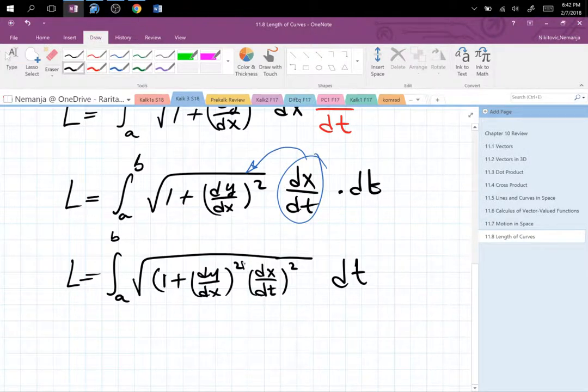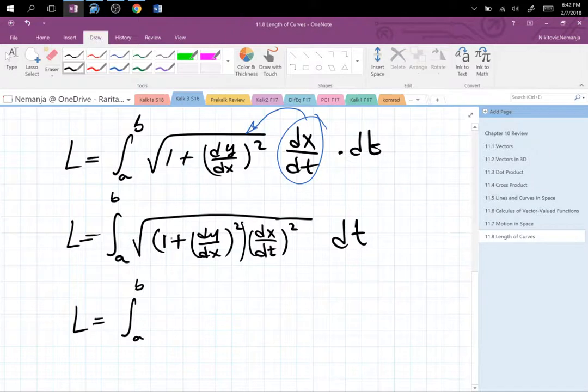And now when you distribute this dx dt squared, what you get is 1 times dx dt squared is dx dt squared.